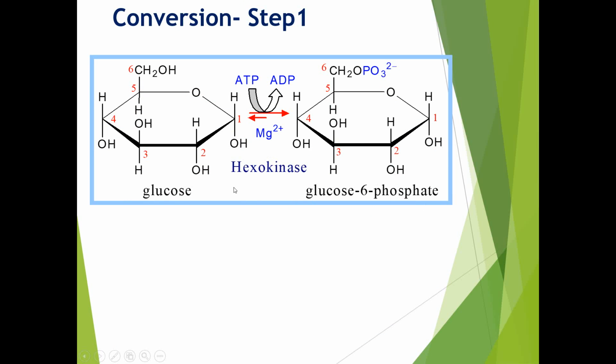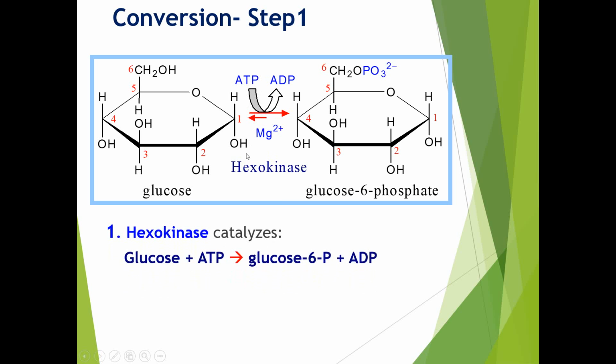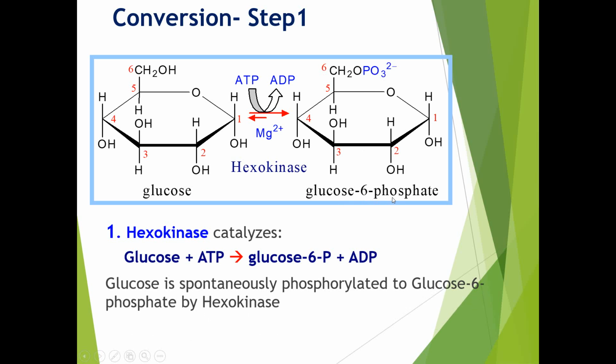For this conversion, three prior requirements are there: the hexokinase enzyme, magnesium which acts as a cofactor, and an ATP molecule. In this reaction the ATP molecule gets dephosphorylated, that is, removal of a phosphorus group, and gets converted into adenosine diphosphate. This released phosphorus gets attached to the number 6 carbon atom of glucose, forming glucose 6 phosphate. So for this conversion, these three elements are required: the enzyme hexokinase, magnesium as a cofactor, which is essential for activation of hexokinase, and also the ATP molecule.